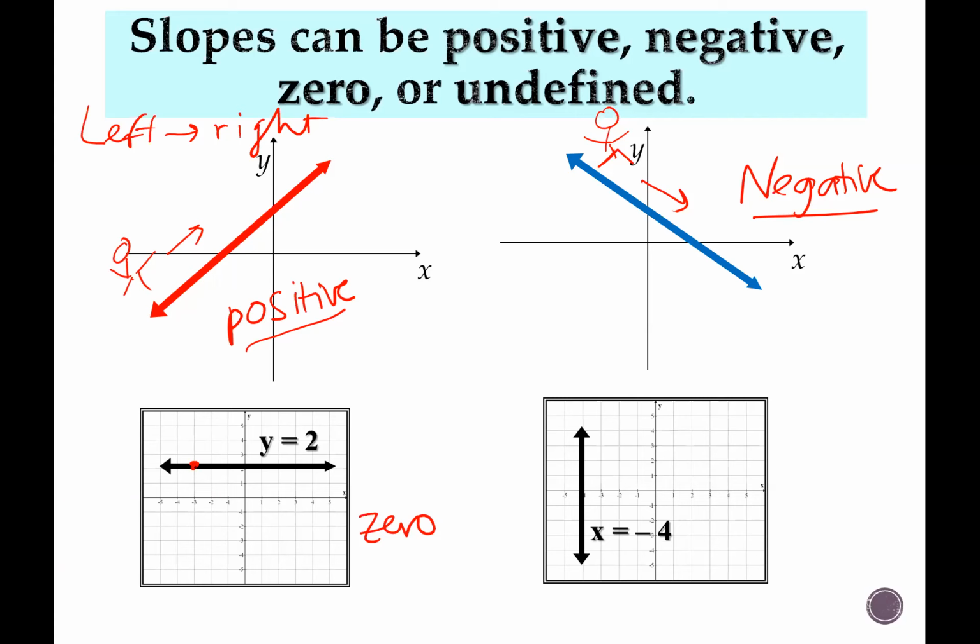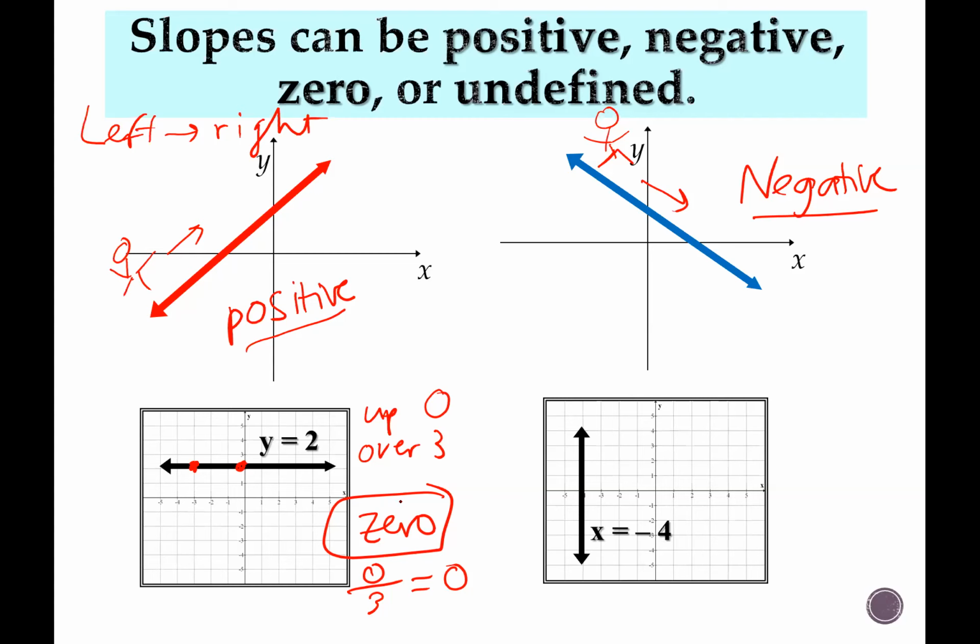If I pick 2 points on here, it doesn't matter which 2 points I pick, you can see we're going up nothing, up 0 and then maybe over 3. So again, you get that fraction, 0 over something is just 0. So in this case, maybe I'd say the slope is 0 over 3 or 0 over 5, it doesn't matter. The answer is going to be 0. So a horizontal or side to side line has a slope that is 0.